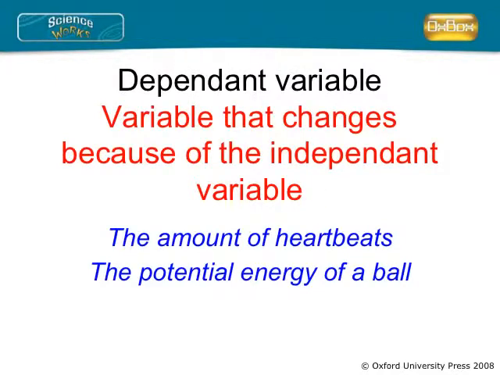Now, in your experiment this week, the dependent variable might be the amount of potential energy of the ball. And it might be the amount of strain energy of the ball if you're doing the crater experiment. Okay? So that's your independent, what you change, and your dependent, which is what changes as a consequence.